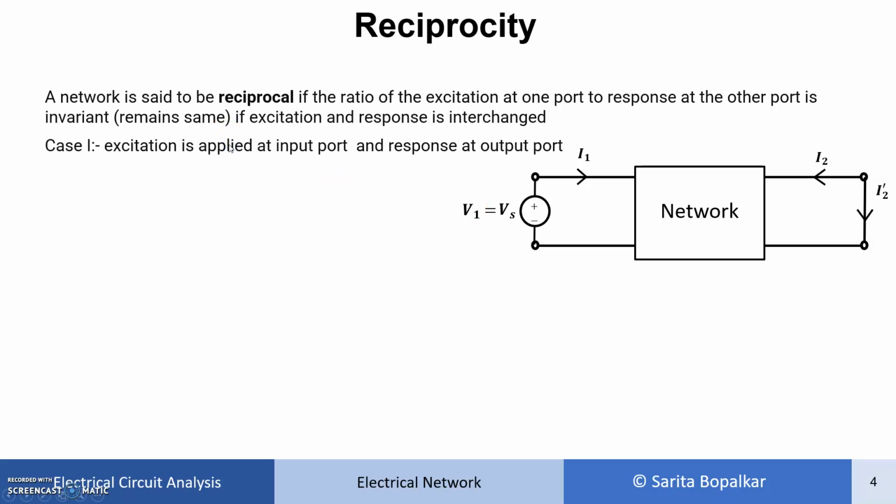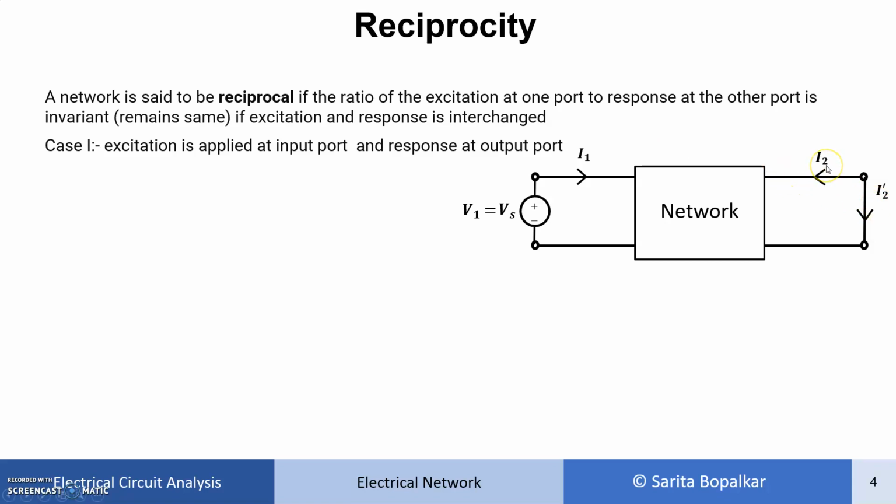Let's see the condition in terms of Z parameters for the network to be reciprocal. So in case 1, we apply excitation at the input port, Vs, and the response is measured at the output port, that is I2 dash. Why are we labeling it I2 dash?